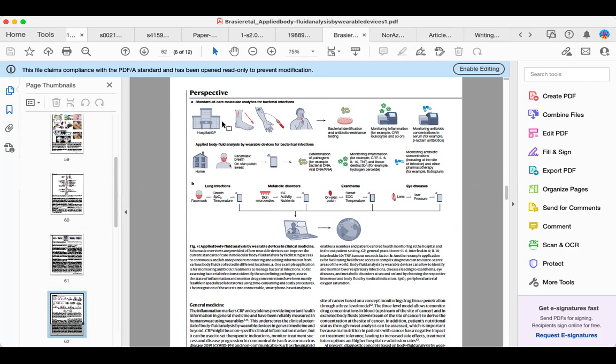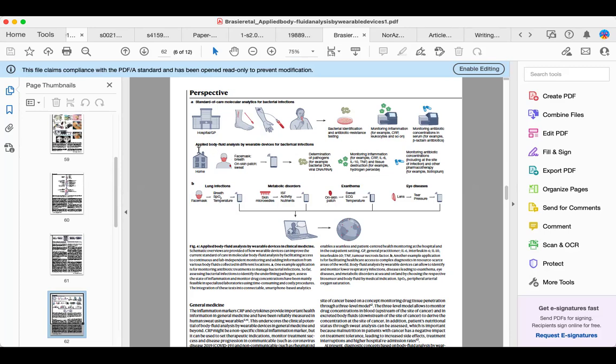So if you look at here, standard of care, molecular analytical techniques, these are the common things that people are still using: extract the blood, or take a saliva sample, and then you go to the lab and run some analysis.